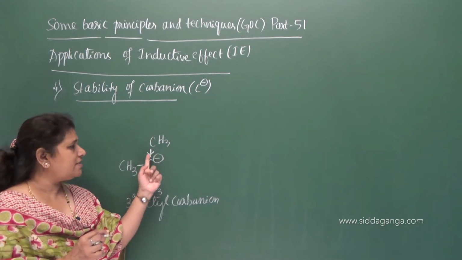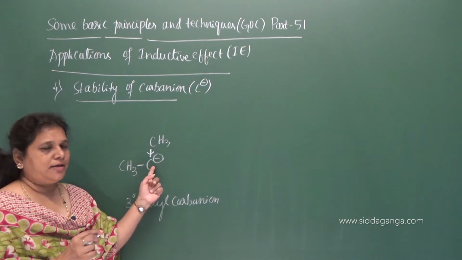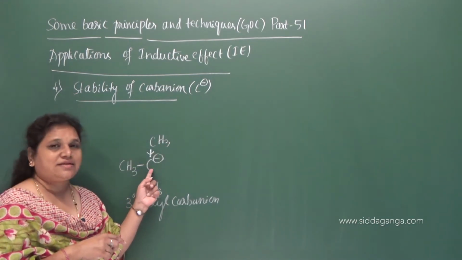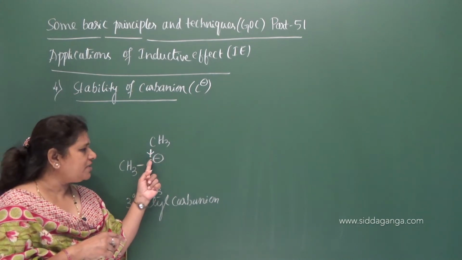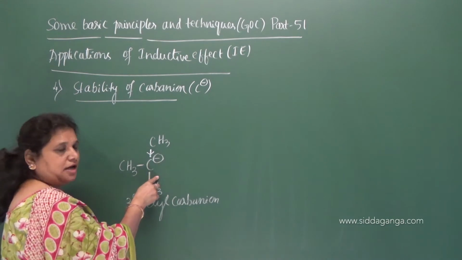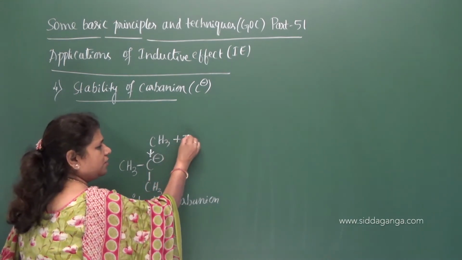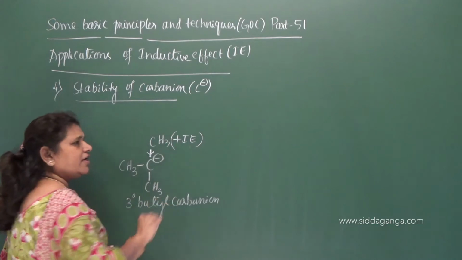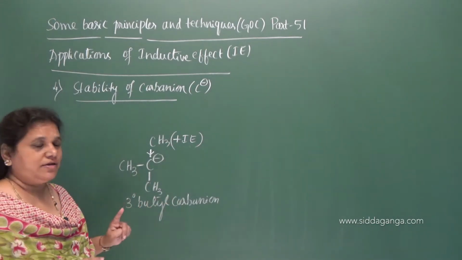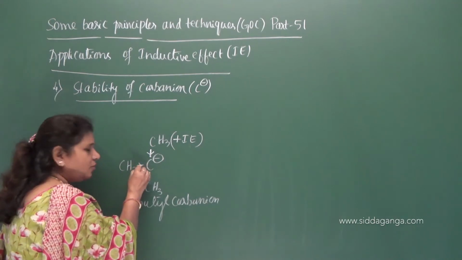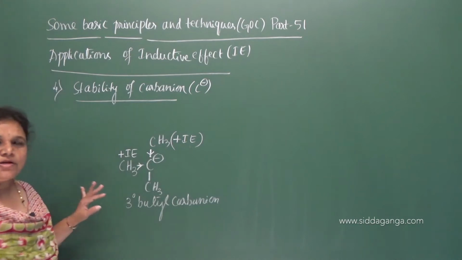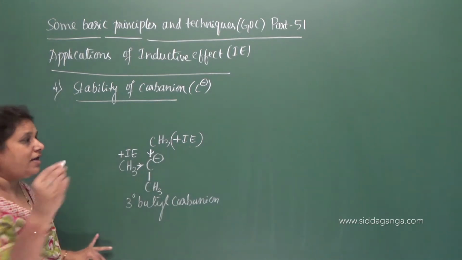Because there is a bond between two carbon atoms, but the methyl group is less electronegative than this carbon, therefore the displacement of the sigma electron takes place towards the negatively charged carbon, thereby the methyl group exerts positive inductive effect. Similarly, one more methyl group is there. This also exerts positive inductive effect because the methyl group is an electron releasing group.